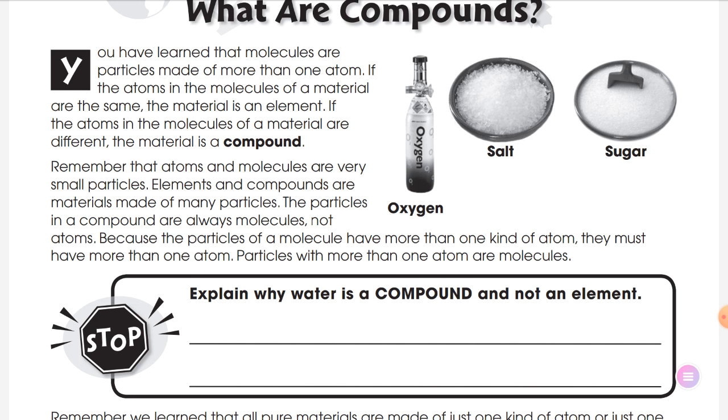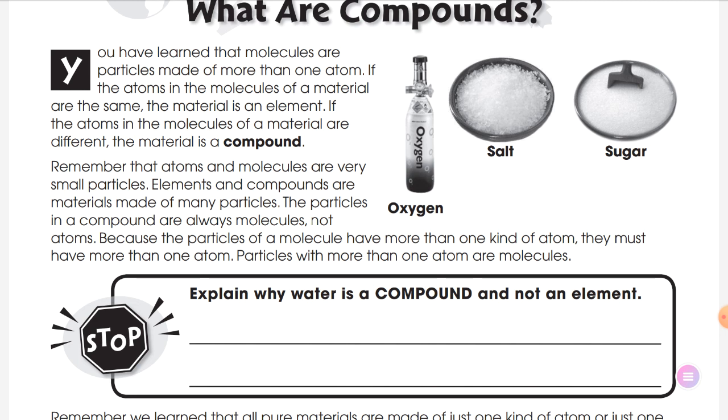Yeah, because it's made up of two different elements. If it is a molecule made up of the same element, of the same type of molecule, then it's just an element because there's only one type of molecule in it. If the atoms in the molecules of a material are different, the material is a compound.